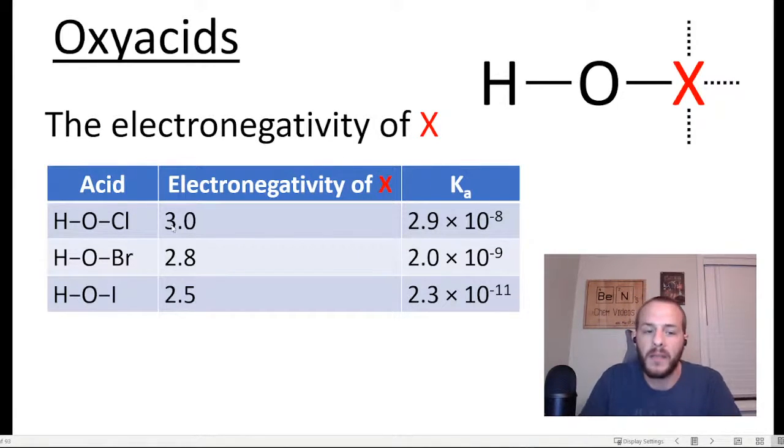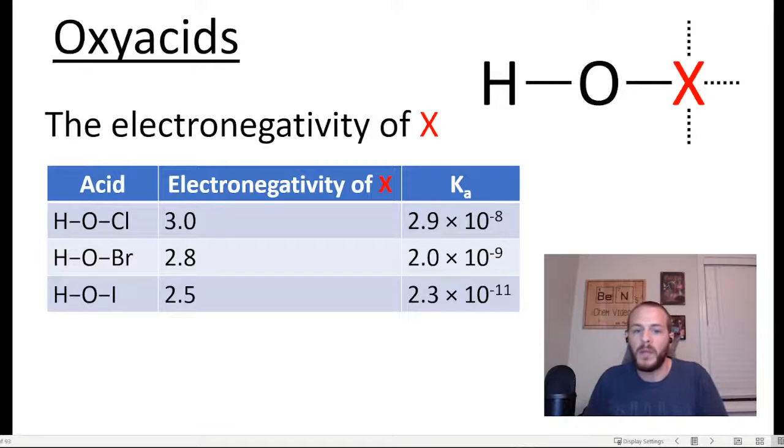Notice that as the electronegativity decreases, chlorine being more electronegative than bromine, which is more electronegative than iodine, the Ka value decreases. Up here we have 2.9 times 10 to the minus 8, then it decreases to 2.0 times 10 to the minus 9, and then even more to 2.3 times 10 to the minus 11. So the more electronegative X is, the higher our acid strength, the larger the value of Ka.